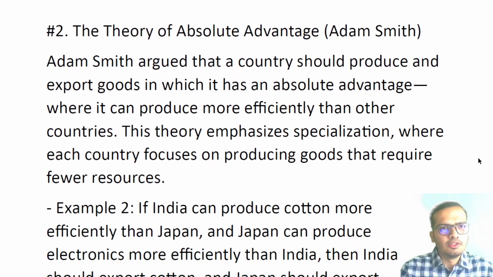Then comes the second, the theory of absolute advantage by Adam Smith. Adam Smith argued that a country should produce and export goods in which it has an absolute advantage, that is, where it can produce more efficiently than other countries.